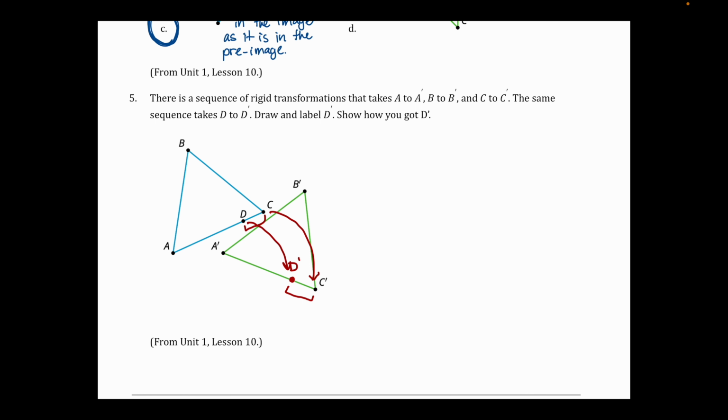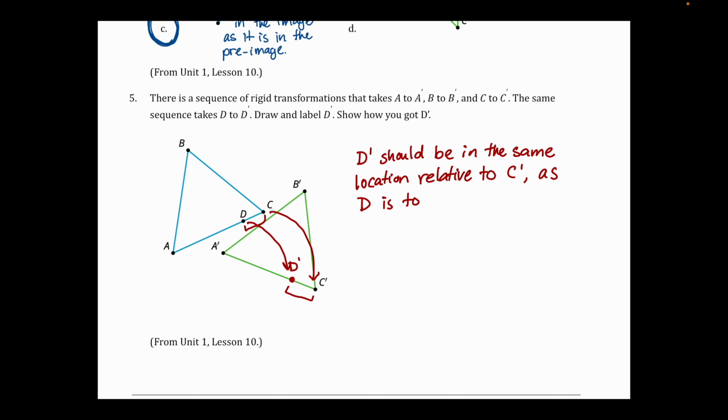But what I can write for my explanation is that D prime should be in the same relative location relative to C prime as D is to C in the pre-image.